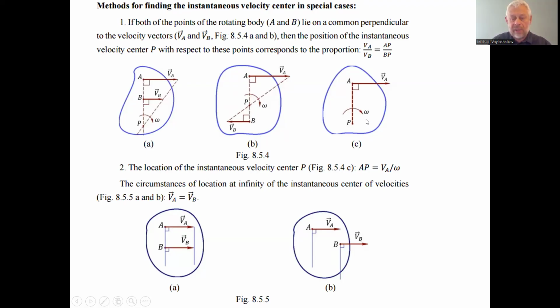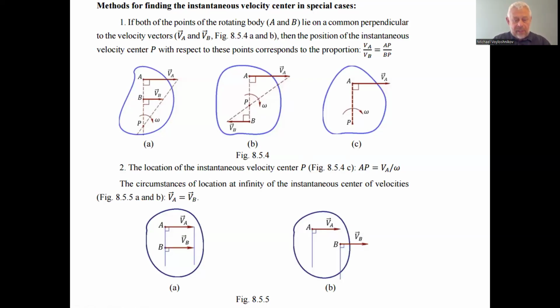So we can find the instantaneous center of the velocity on the perpendicular, because we can find the length of the segment AP, like the radius of rotation of this body in the flat motion. The radius AP is equal to the translational velocity divided by the angular velocity, VA divided by omega.